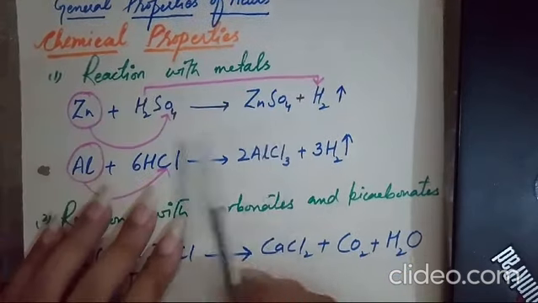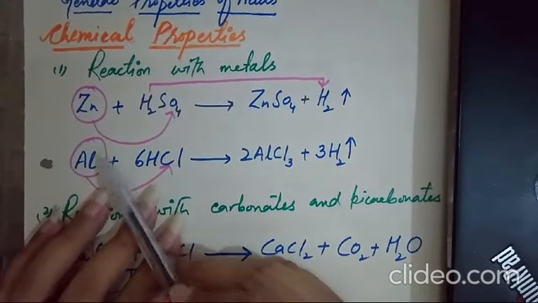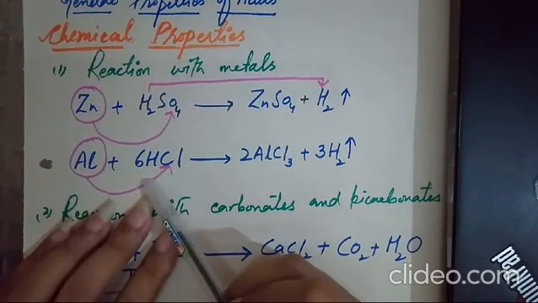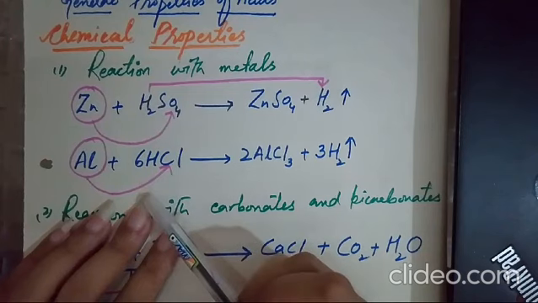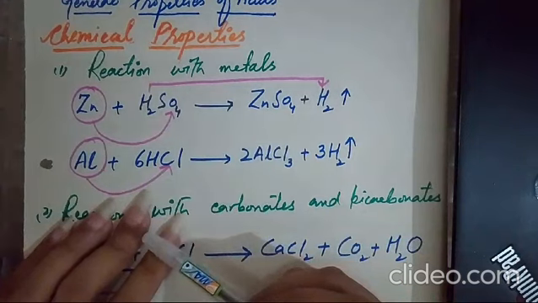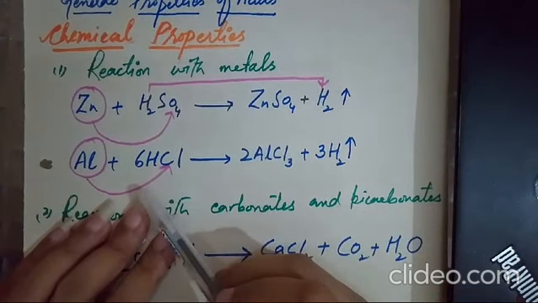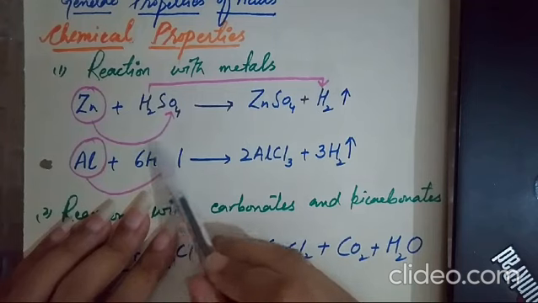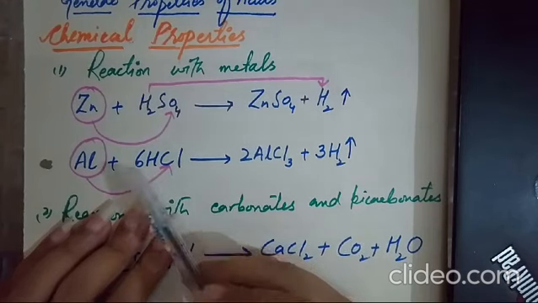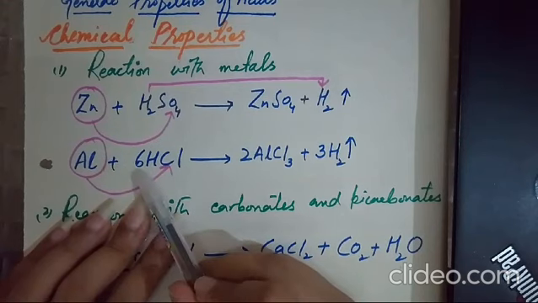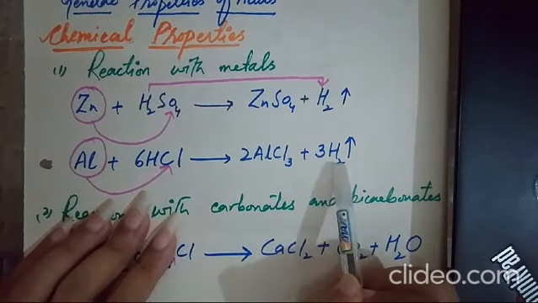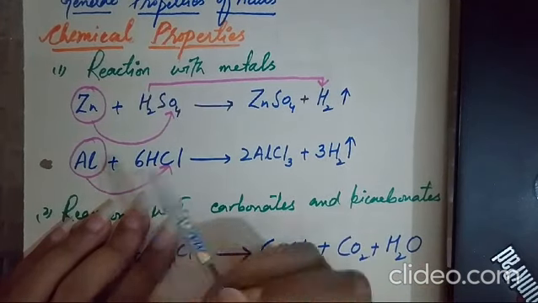Again, in the second one, aluminium, another metal, combines with HCl. One thing more: all the chemical equations in today's lecture are balanced. So right now HCl is balanced with 6 moles, because here hydrogen is 6 and here hydrogen is also 6. 3 twos are 6 and 6.